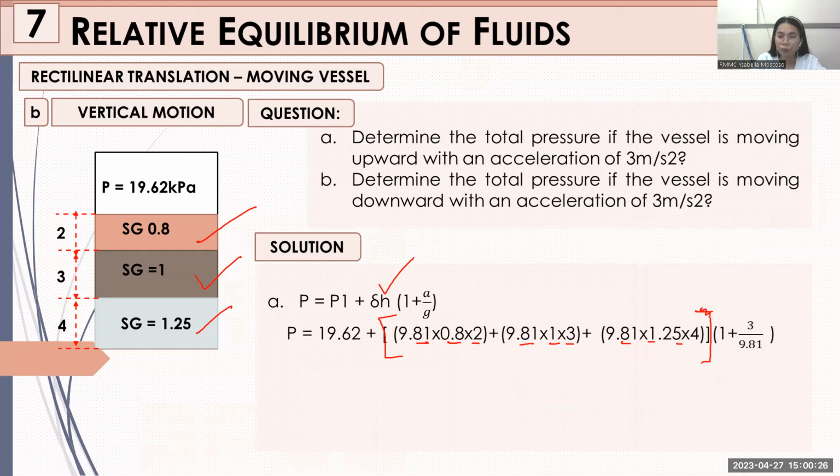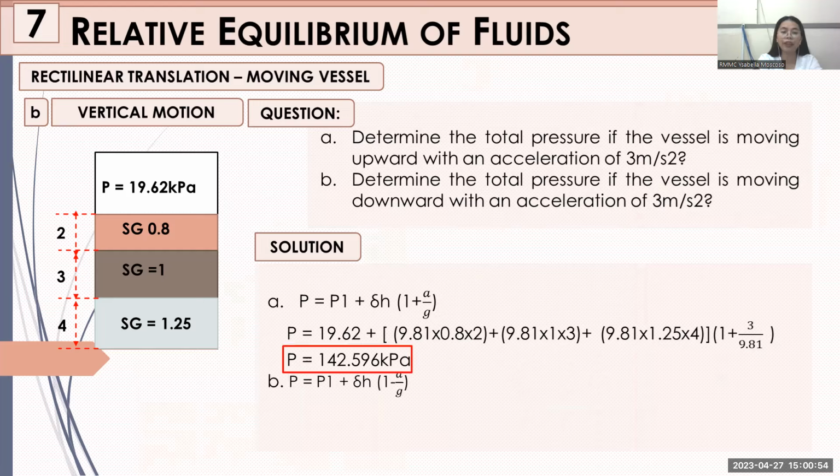Kasi minsan nakakalimutan itong bracket na ito, ang nangyayari, namumultiply natin itong term lang na ito. O mali na agad yun. So just make sure about the brackets na gagamitin natin for your gamma H. So times 1 plus 3 over 9.81. Therefore, your pressure, if your vessel is moving upward, that is 142.596 kPa.